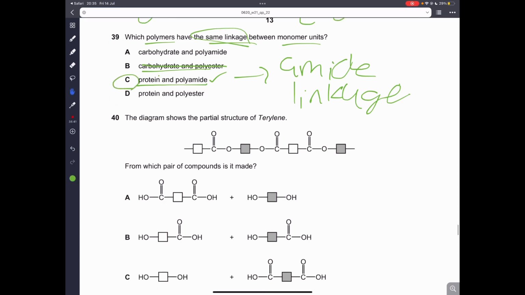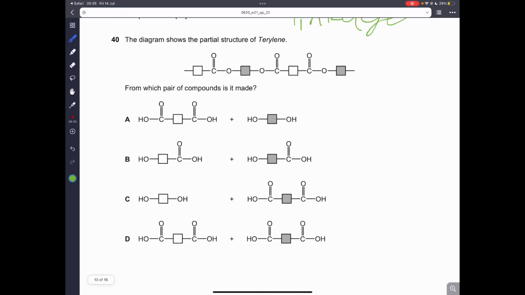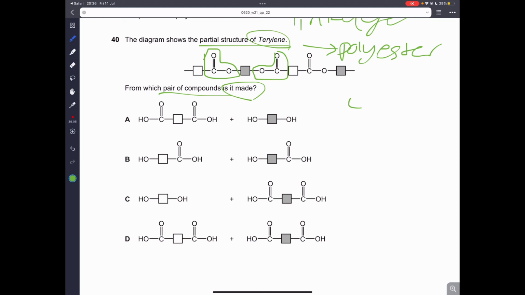Question number 40. The diagram shows the partial structure of Terylene. Which pair of compounds is it made from? Okay. So Terylene is a polyester, and polyester has an ester linkage, as you can see, COO. This is the ester linkage. So a polyester is made by two monomers.